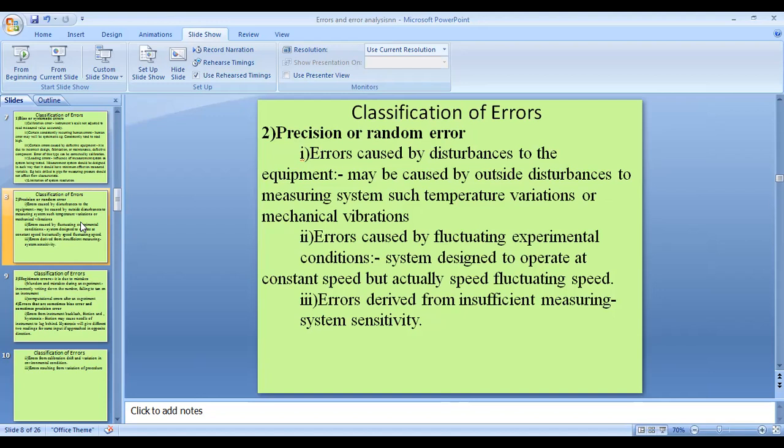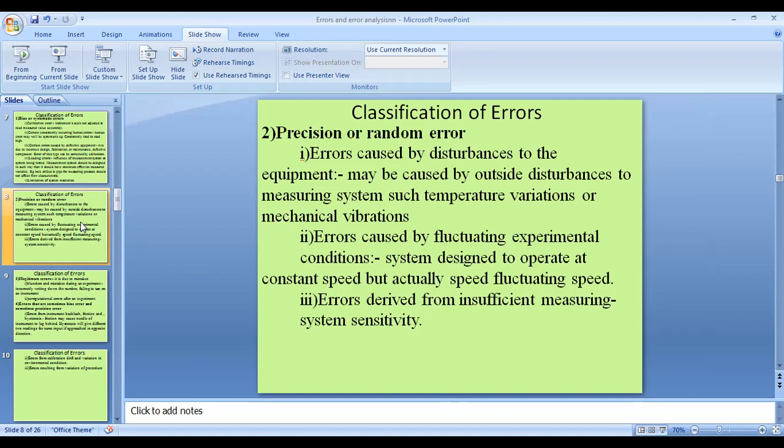The voltage and current are not fixed. The voltage goes on fluctuating. So it is also a type of random error that will give error in the measurement of heat supplied to the experiment.